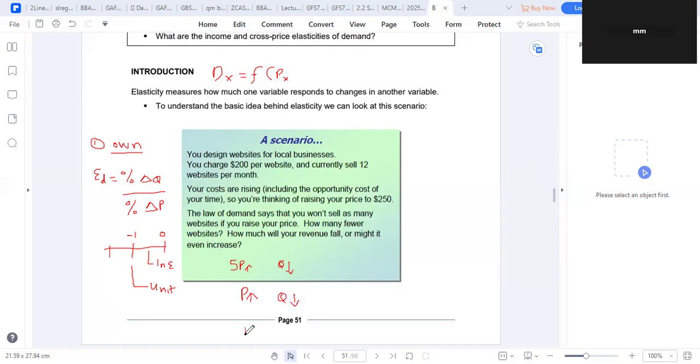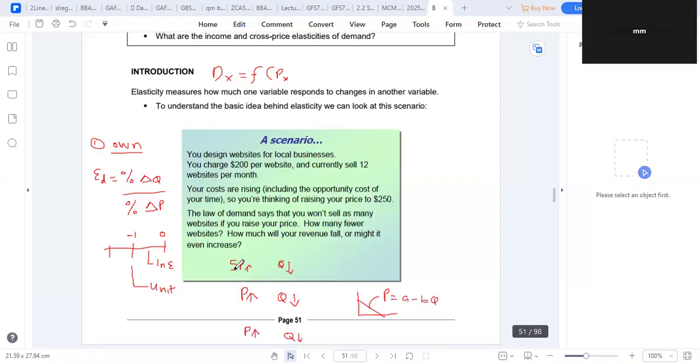If you increase price, demand must go down. That's the reason why you have a negative elasticity of demand. The demand curve is downsloping. It is given by P = A - BQ.